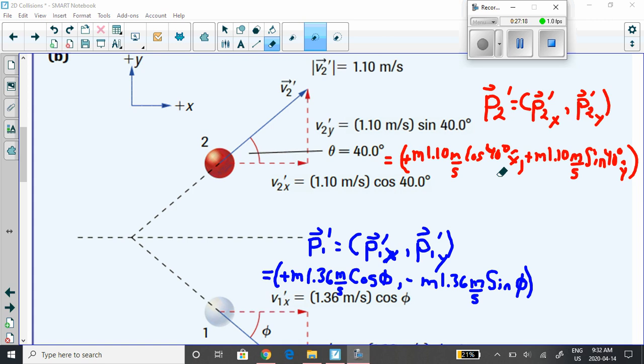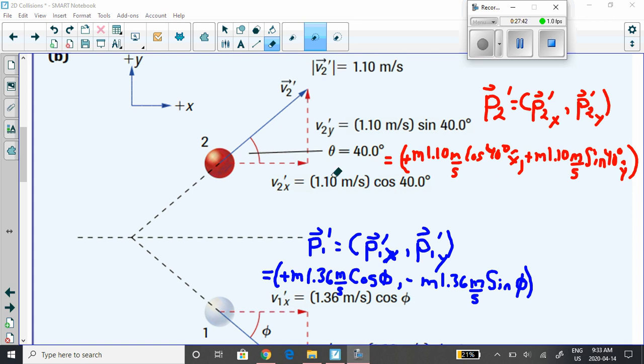We know the mass is m. So remember, momentum is mass times velocity. So I put an m here, put an m here. We know it's both positive x hat, positive y hat. So I got a positive here and a positive there. We know the velocity magnitude is 1.1, so I put it on each side.